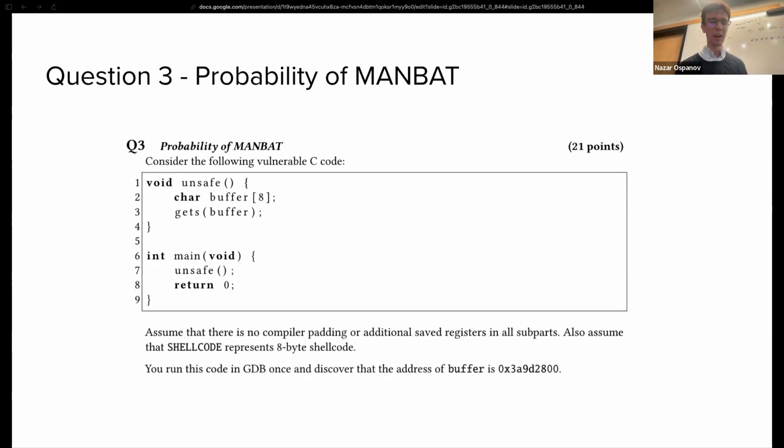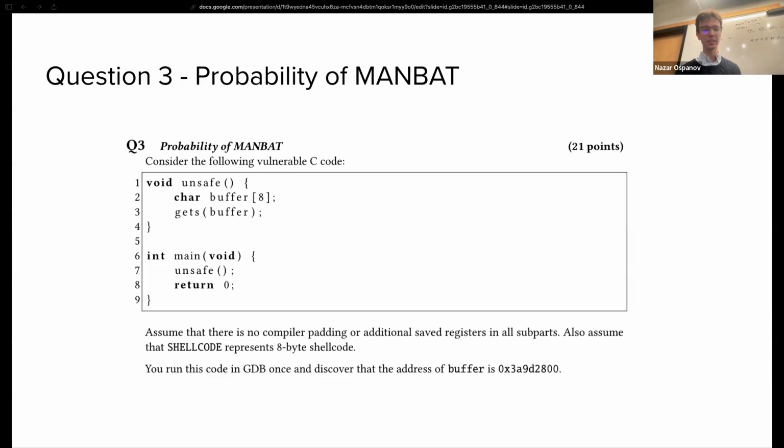And then we have our main function where we call the unsafe function, and then we just return 0. Assume that there is no compiler padding or additional saved registers in all subparts. Also assume that the shellcode is 8 bytes only.